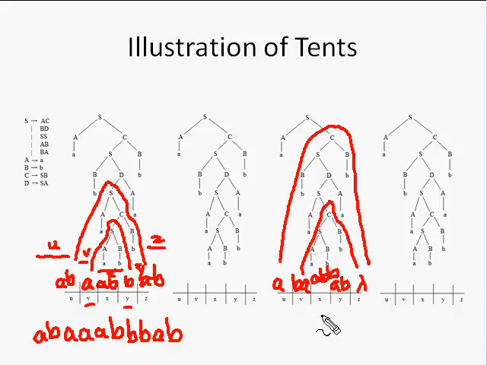U and Z are often empty. If you pick the starting non-terminal as the top of one of your tents, then both U and Z would be empty.